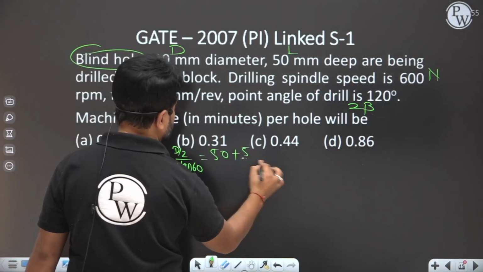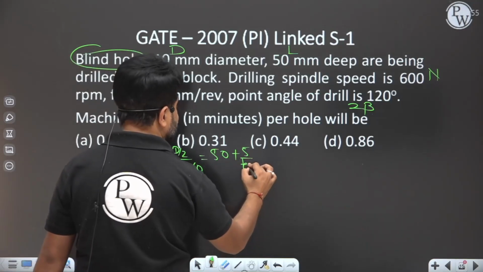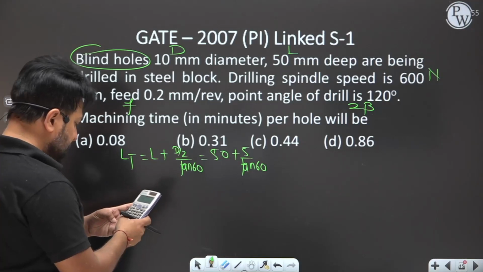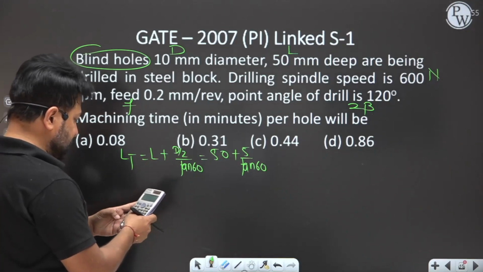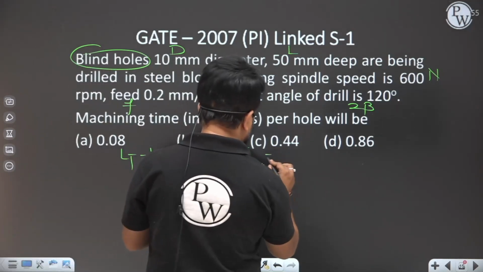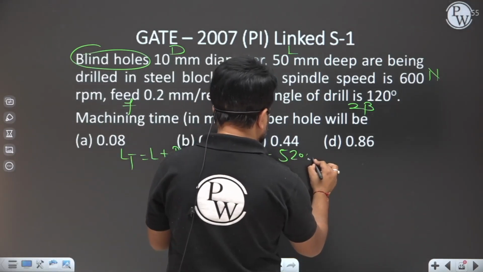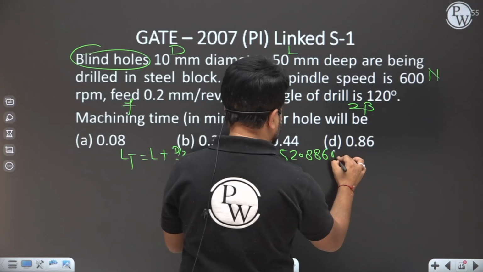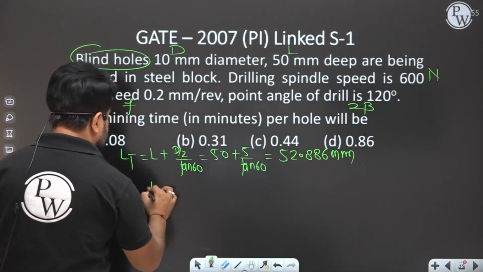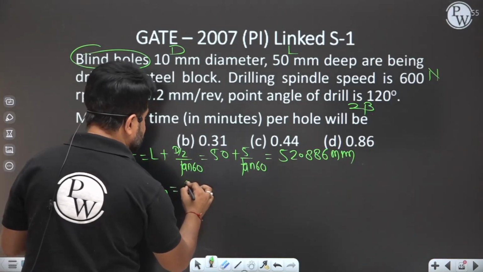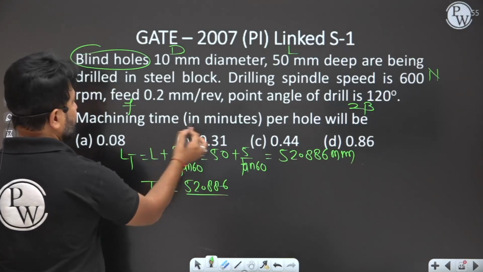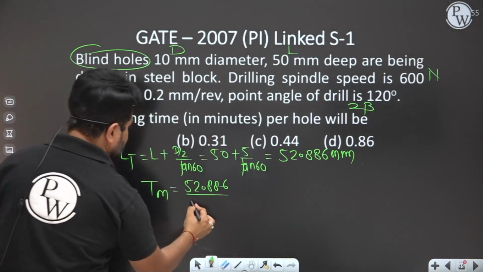So 5 divided by tan 60, answer plus 50, is 52.886 mm. Now the machining time is 52.886 divided by f into N. The feed is 0.2.